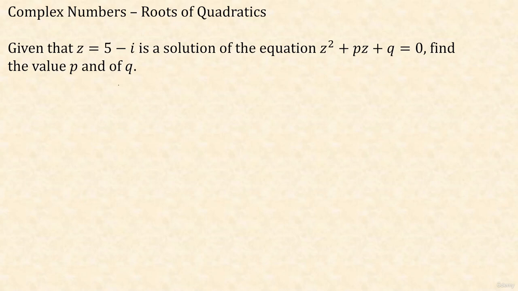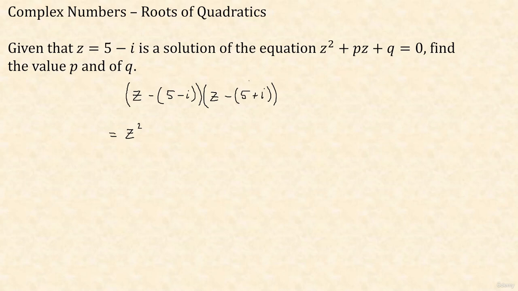Here's what this means. It must mean that when I factorize this quadratic, it must be z minus my first solution, so 5 minus i, times z minus my second solution. And my second solution is just the complex conjugate, 5 plus i. Now let's see what happens when we expand this. I get z squared.